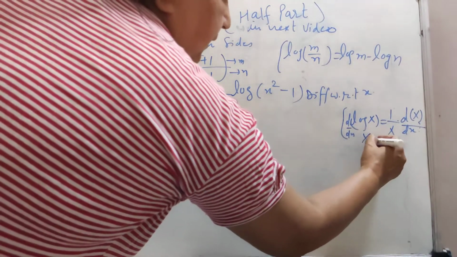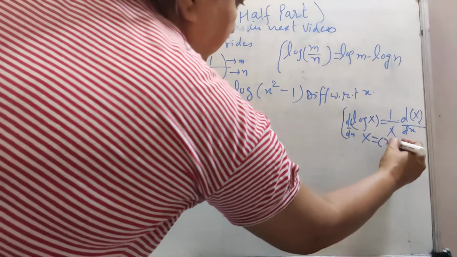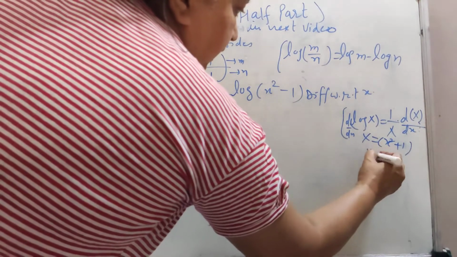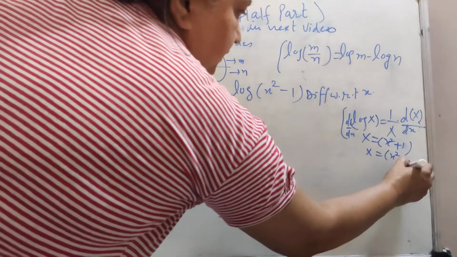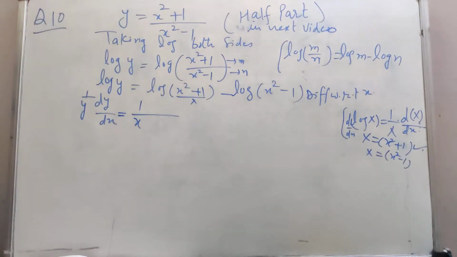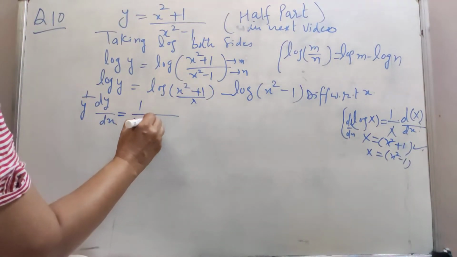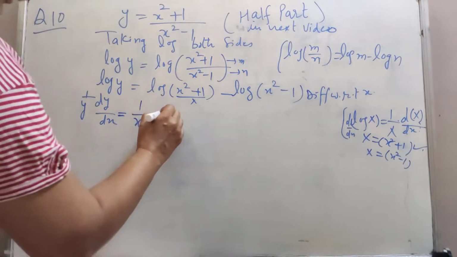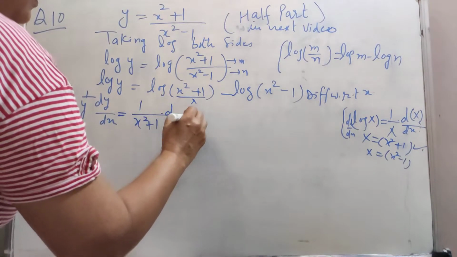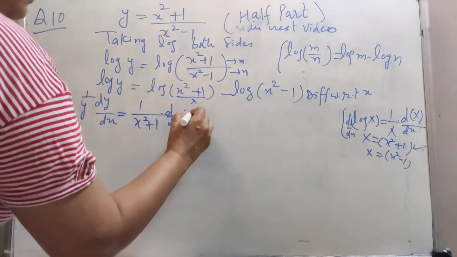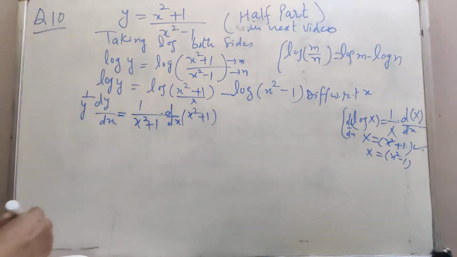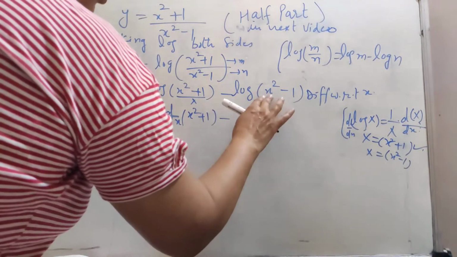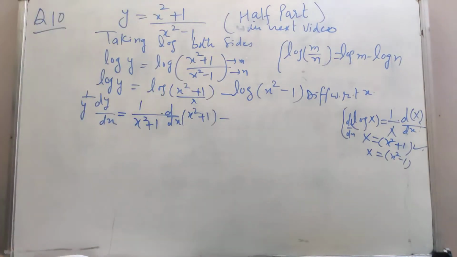What is capital X I have taken here? In one part I will take this, in the second part I will take this. So here I take this. So 1 over x square plus 1 into derivative of capital X. This capital X is x square plus 1 minus log of, here I take this one, x square minus 1.